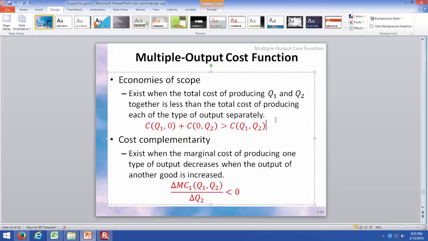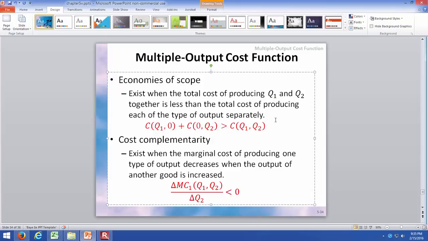What is cost complementarity? It exists when the marginal cost of producing one type of output decreases when the output of another good is increased. So again, when you compare having an ER along with a regular hospital, when the ER input is increasing, when you have more patients coming to the ER, it can also help the hospital, because you might be admitting more patients and you're going to fill up more beds.